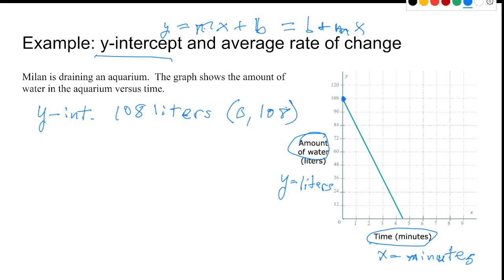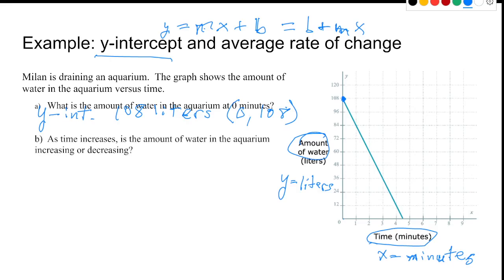And that again emphasizes that this is time 0, there's 108 liters. So that's what the aquarium has in it, and then it goes from there. I guess I should have put the question, what is the amount of water in the aquarium at 0 minutes? That's the y-intercept. So doing a little Jeopardy today, giving the answer before the question.